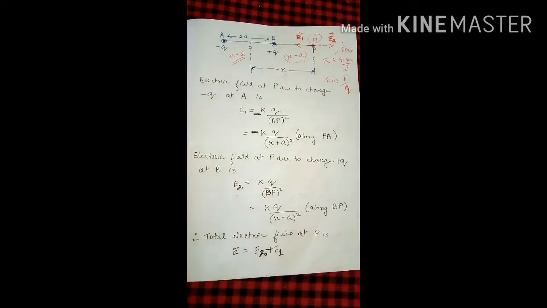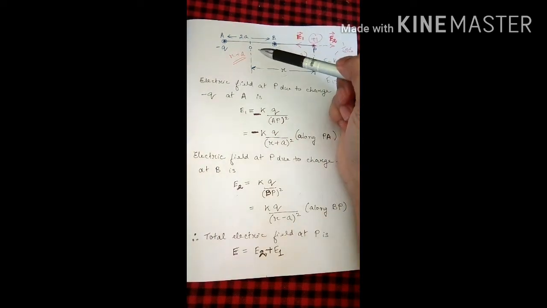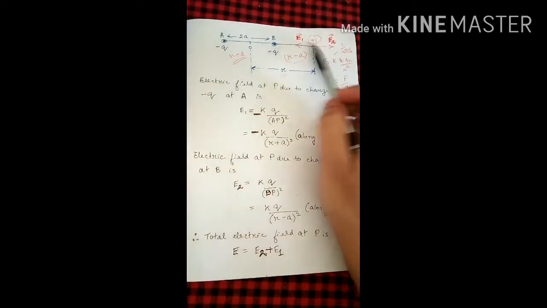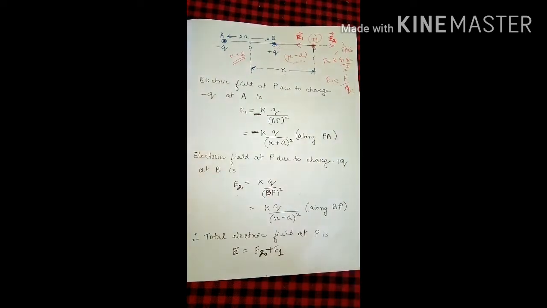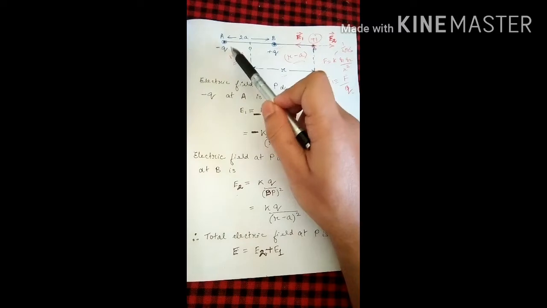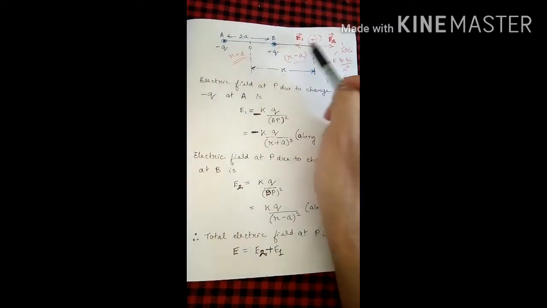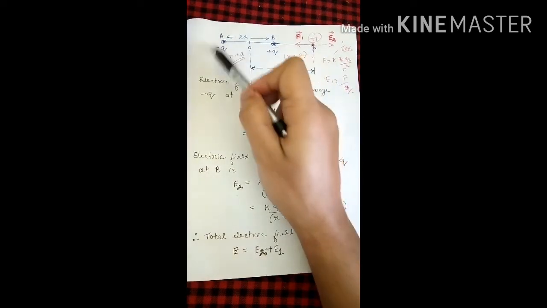Now what will be the direction of the electric field intensity E1 due to the minus Q charge? We have already discussed that the direction of electric field intensity is given by the direction of force. In whatever direction we get the force between the charges, that will be the direction of the electric field intensity. Here we can see that there is a positive charge at the point P and a negative charge at the point A. So this minus Q charge will attract this charge, and as a result we will get a force in this direction, towards the minus Q charge.